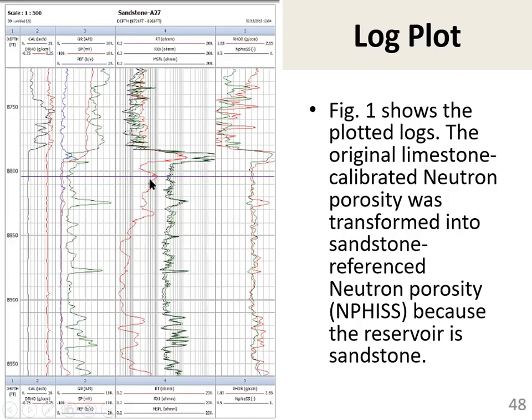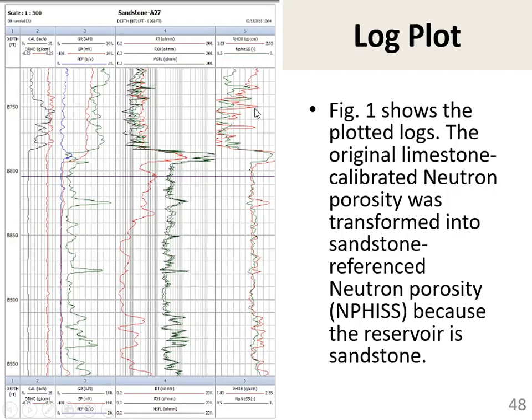So I think the red here is the deep resistivity reading, while the black and green are the medium and the shallow resistivity readings. So you have, okay, the flush zone and then a very shallow reading.